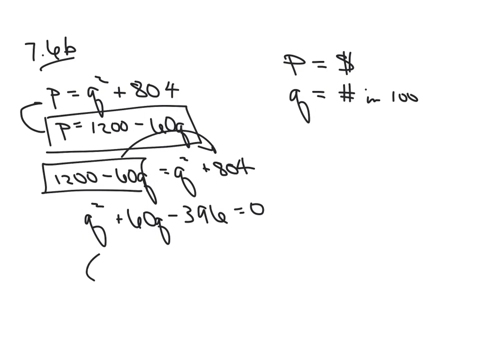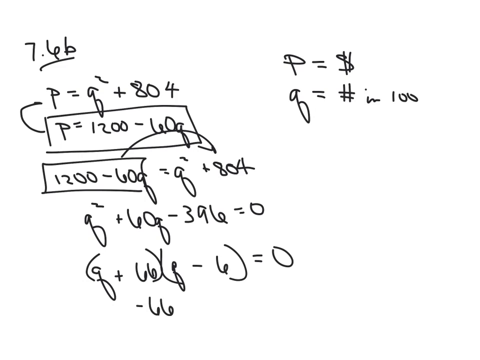And then all you're doing is you're going to see if you can factor it. In this case, you can factor it. Two numbers multiplied together give you 396, added together give you positive 60. So my Q is negative 66 and my other Q is 6.